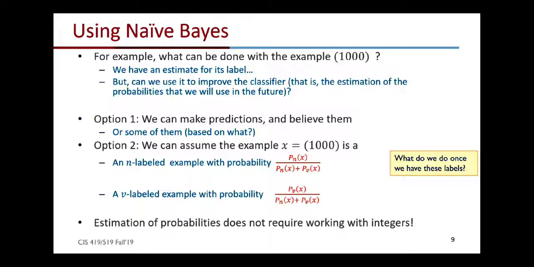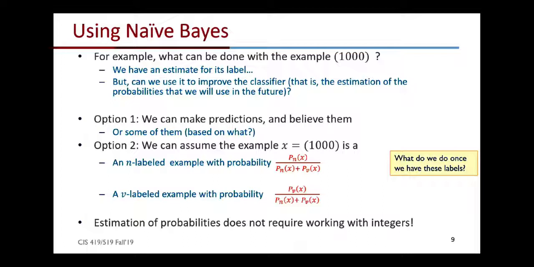Actually, you don't need to, because those that are close to half don't matter, since they contribute in the same way to n and v. So you could take all of them. But let's assume you've taken whatever you've taken. What are you doing now?